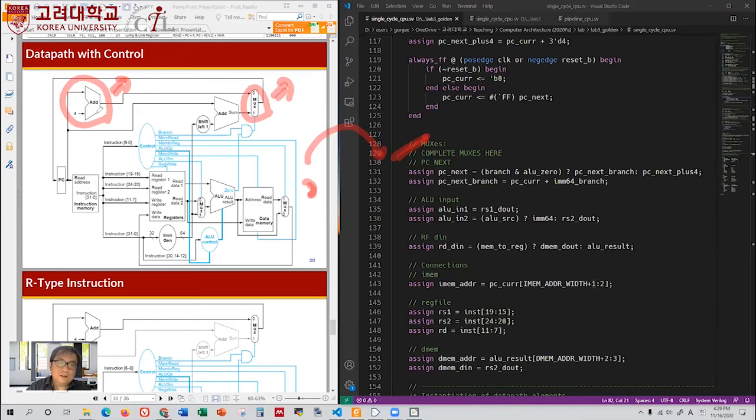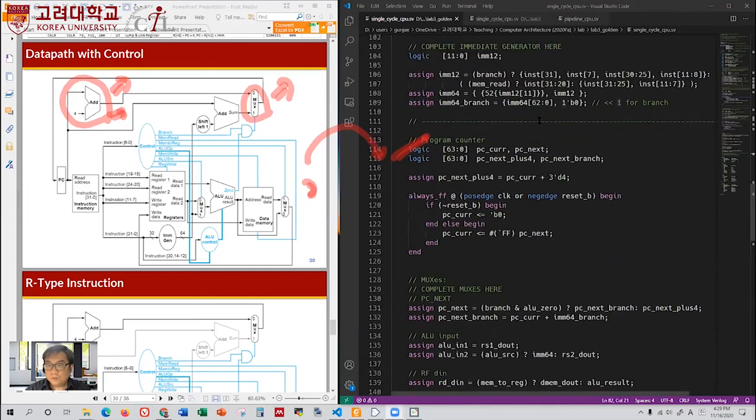If there is an adder here, we can implement the adder like this. This is the adder, and this is the mux.